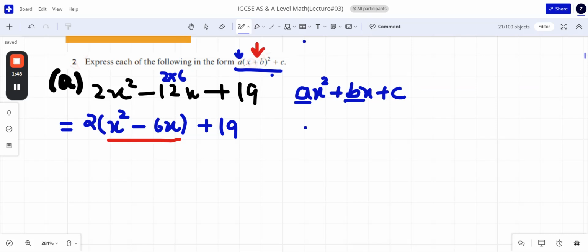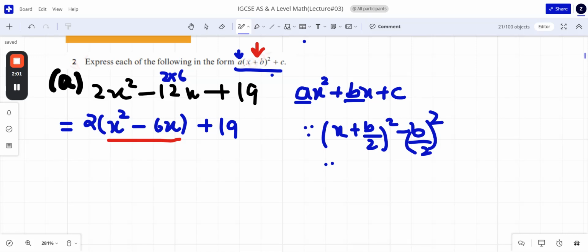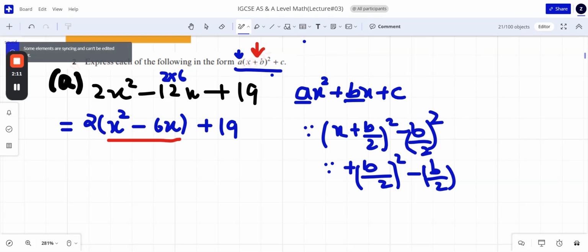The formula is x plus b by 2 whole square minus b by 2 whole square. The second method is to add b by 2 whole square and at the same time subtract b by 2 whole square in the same expression.